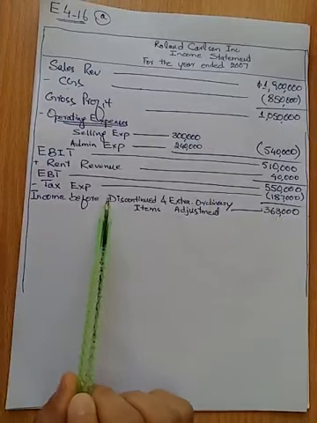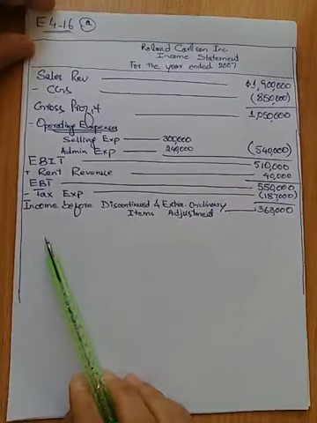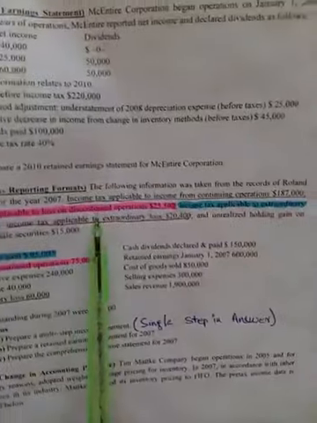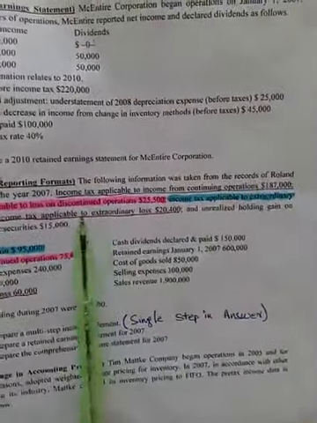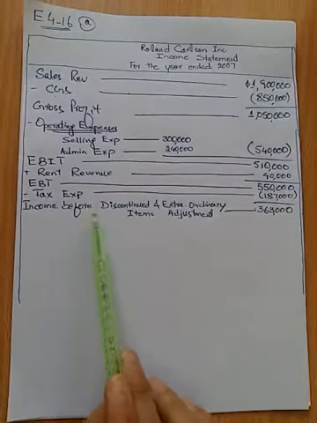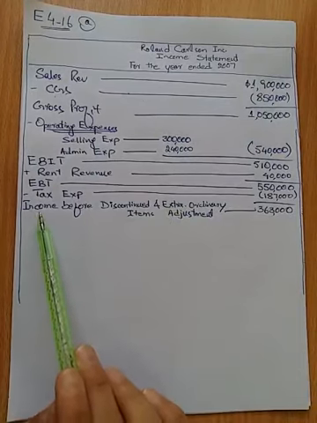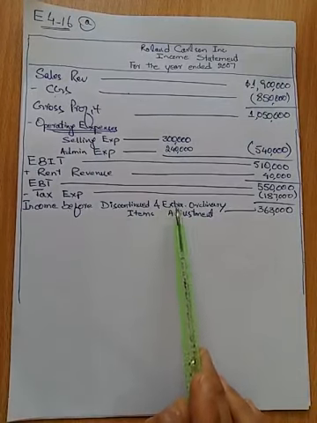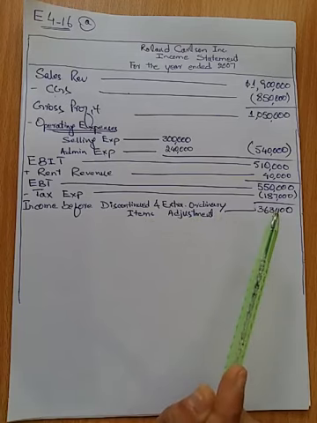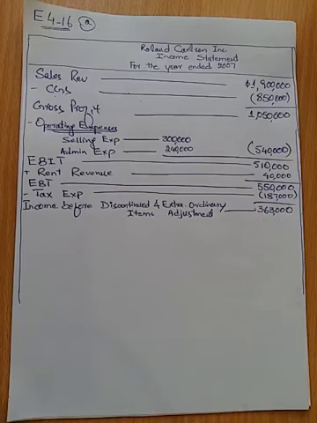Now we cannot call this net income, you know that, because of our basic videos. Why we cannot call it? Because we have discontinued and extraordinary gains and losses present in our numerical. So if we do have, then we cannot call this net income. We should do the adjustment. So this is income before discontinued and extraordinary items adjustment $363,000, and from this income we will adjust discontinued and we will adjust extraordinary.